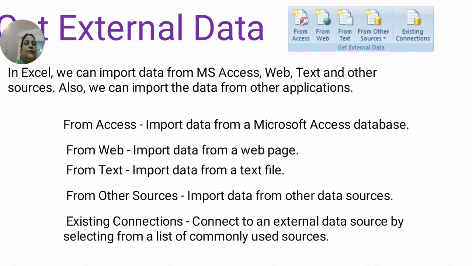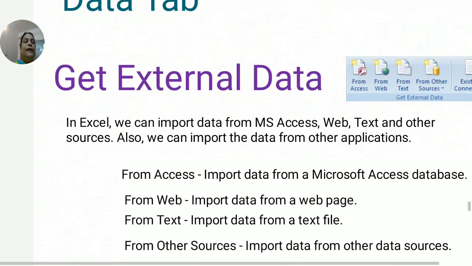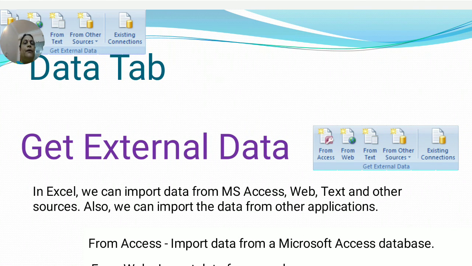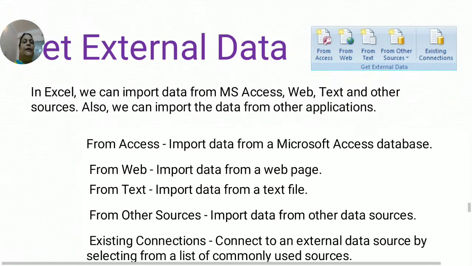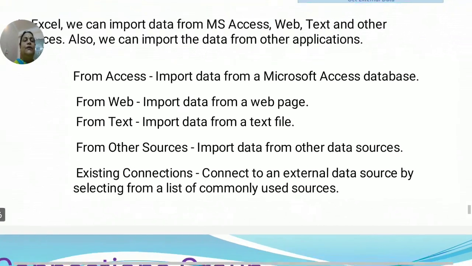Then existing connections, connect to an external data source by selecting from the list of commonly used sources. So under the data tab, we have the get external data group, and these are the functions of each command of this group.